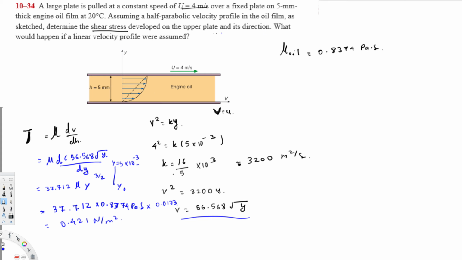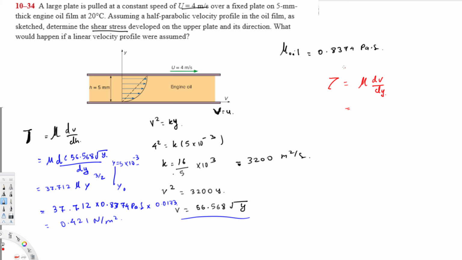The second question is, what would happen if a linear velocity profile were assumed? Let's see. We are going to use the same equation, tau equal to mu dV by dy.